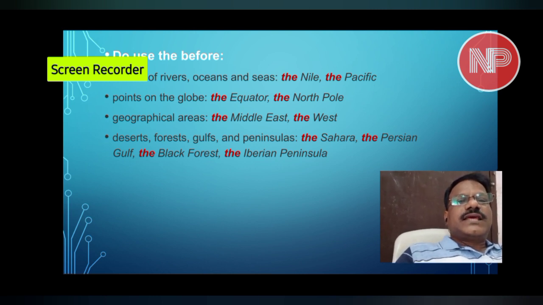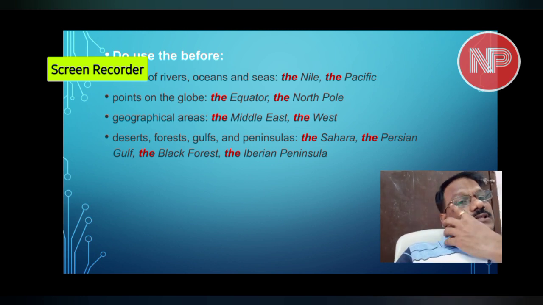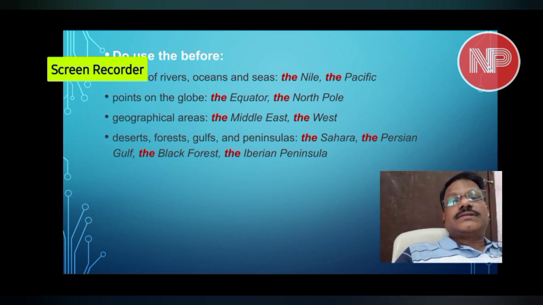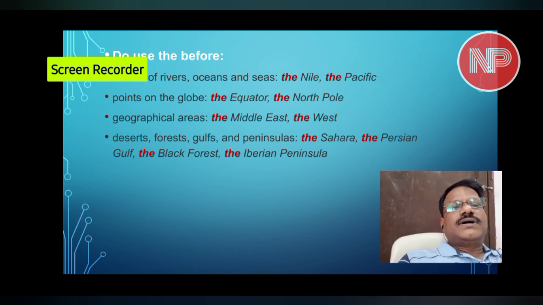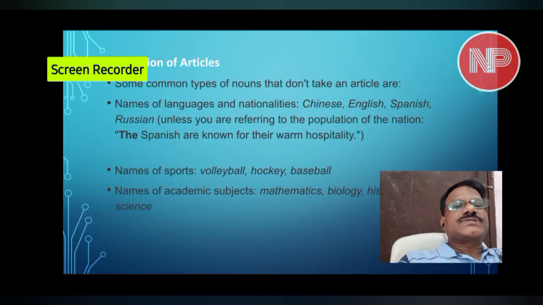Sometimes we name seas like the Arabian Sea and all this. So in this way you can use article the before these nouns. These are the unique things or unique entities in the world, so we should use article the before their names.